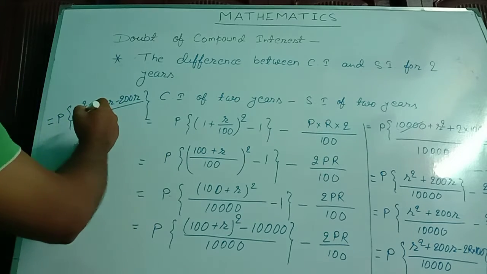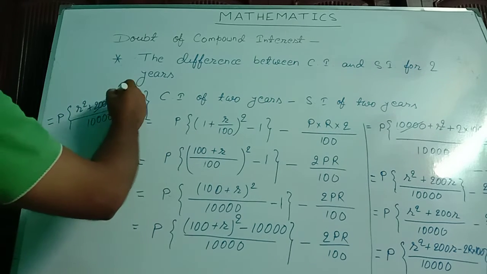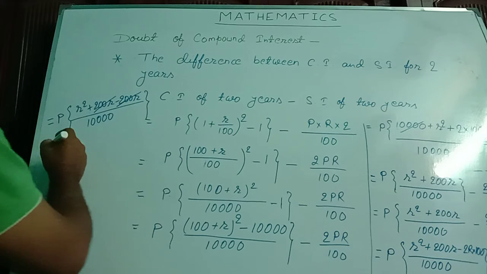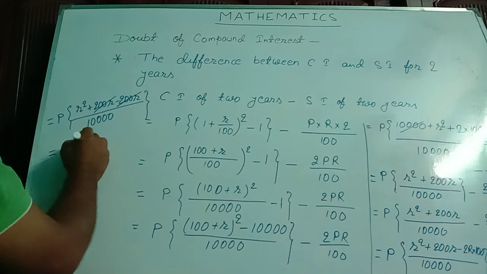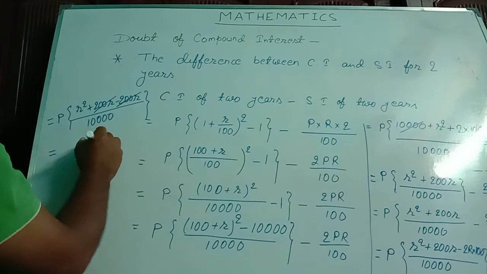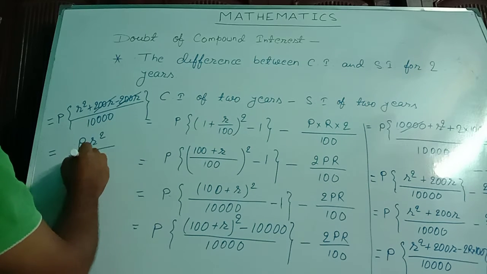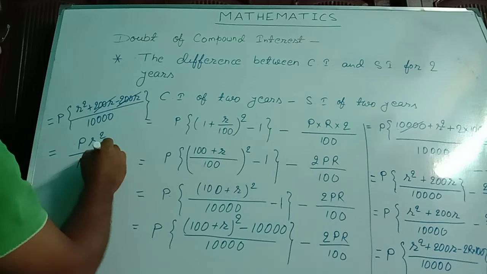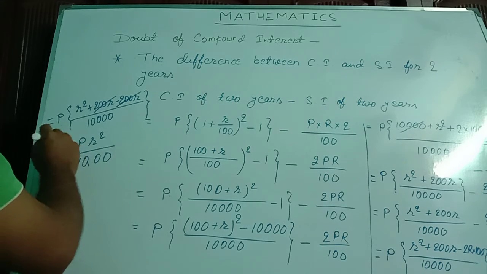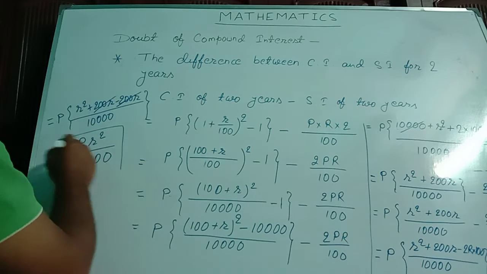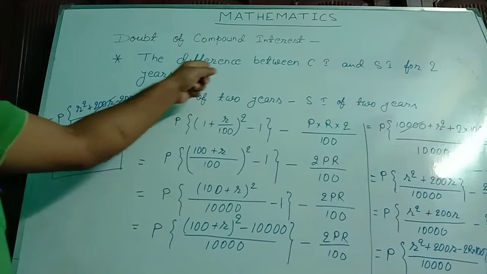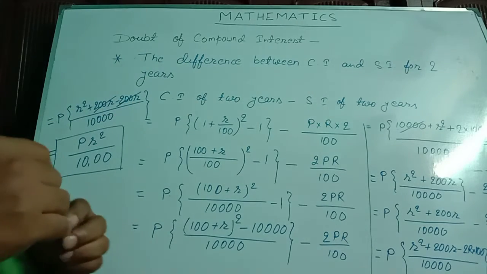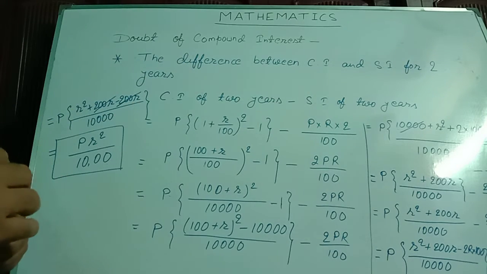So plus 200R and minus 200R cancelled. We have now PR square by 10,000. This became the shortcut formula we are going to use while the question is related with the difference between CI and SI for 2 years.